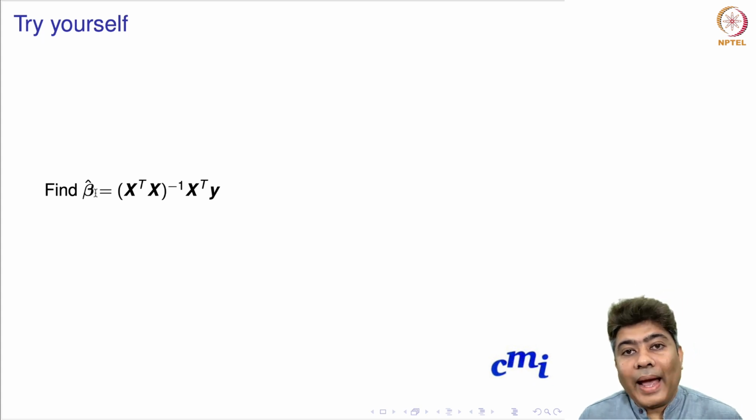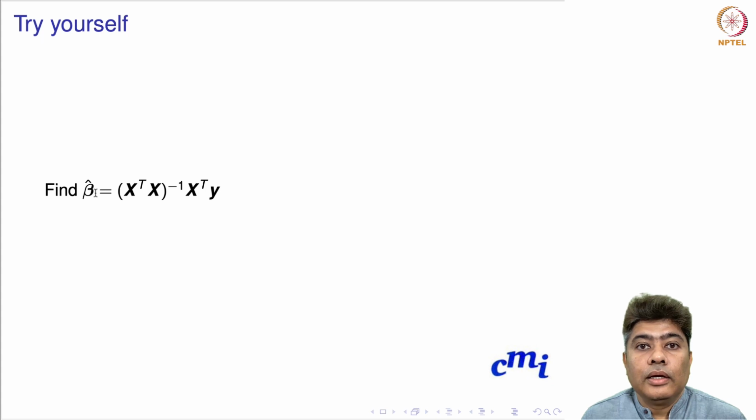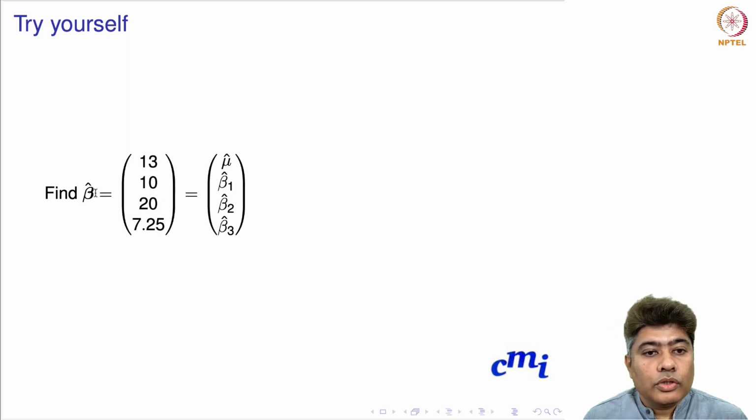I hope you are back and we can now look at the solution. This is my solution: 13, 10, 20 and 7.25. 13 is mu hat, 10 is beta 1 hat, 20 is beta 2 hat and 7.25 is beta 3 hat.